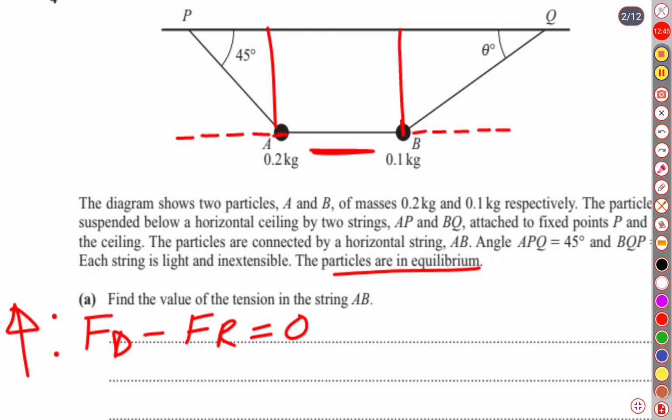Right side is 0. Now let's see, a driving force means upward force. What is the upward force? For the first triangle, this is our first triangle. Okay, for this one, what is the upward force? Upward force is this one. We can suppose it to be the direction.